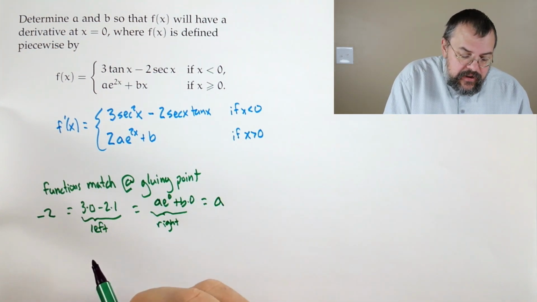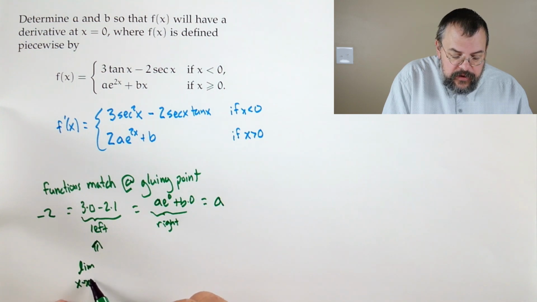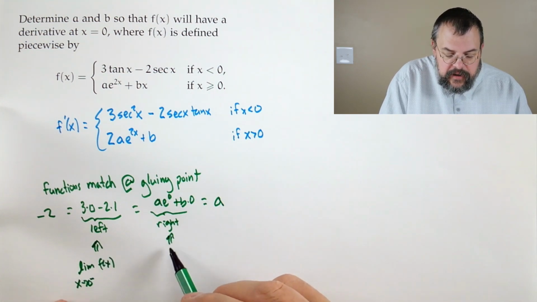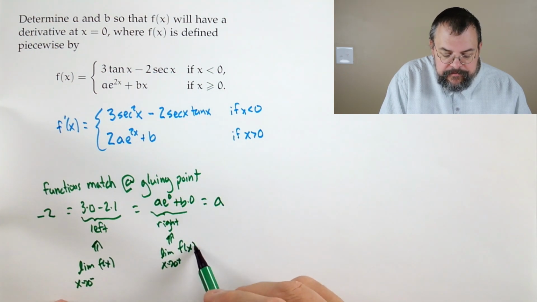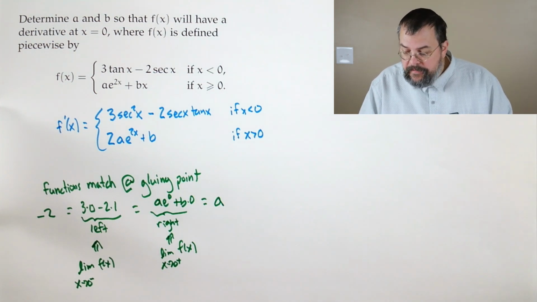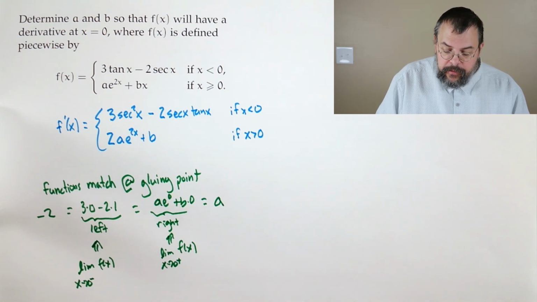So in essence, the left here is the limit as x approaches 0 from below of f of x, and from the right, this is the limit as x approaches 0 from above of f of x. All right, now that's half of it, and good news, we know what a is. A is negative 2, so we'll keep that in mind.